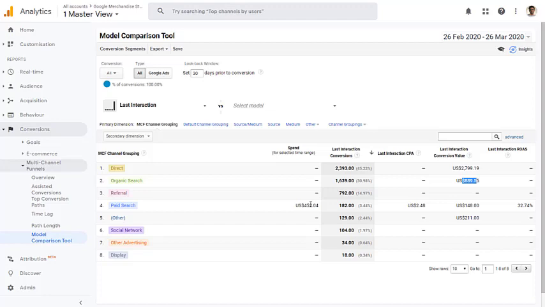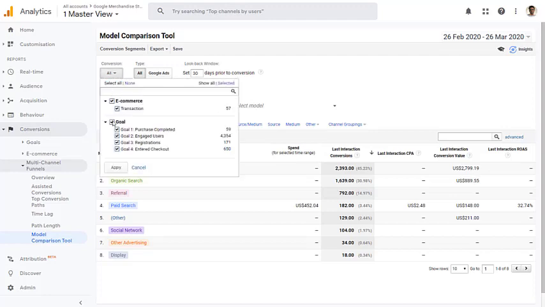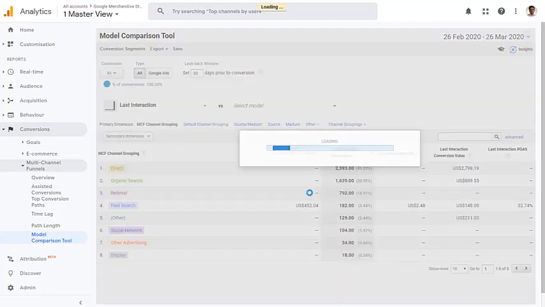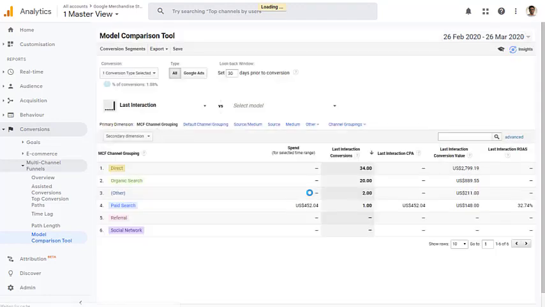I want to see only e-commerce activity, the purchase activity. I can simply choose this drop down, uncheck all other goals, keep just e-commerce transactions, and click apply. Now I see that this data is only for e-commerce. Direct is responsible for 34 conversions and gave me a revenue of 2799.